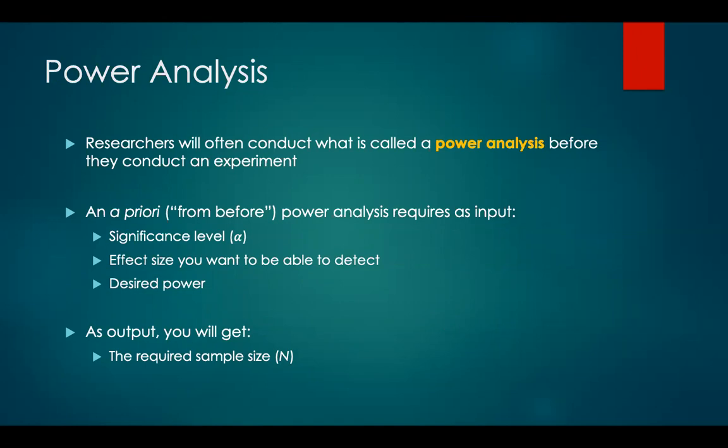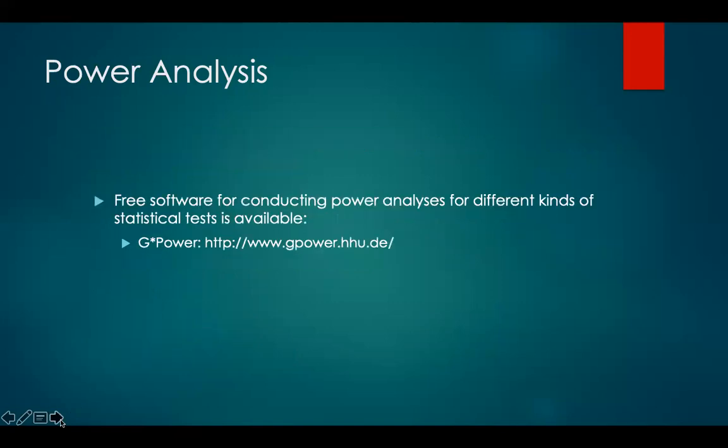And as output, you will get the required sample size to detect an effect of the desired size with a particular level of power given your significance level, which is usually p equals 0.05 or p is less than 0.05. Now, there is a free software for conducting power analysis for different kinds of statistical tests, and it's called G-Power, and you can find it at this link if you're interested.